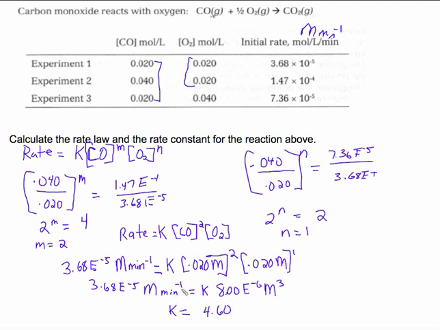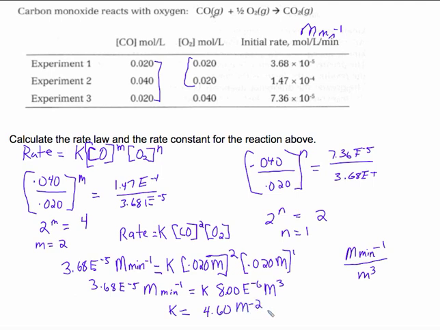And then you've got to get the units correct. Basically the units are the hard part. If you have molarity minutes to the -1 and you're dividing that by molarity to the third power, remember dividing exponents is like subtracting. So 1 minus 3 gives you a -2.